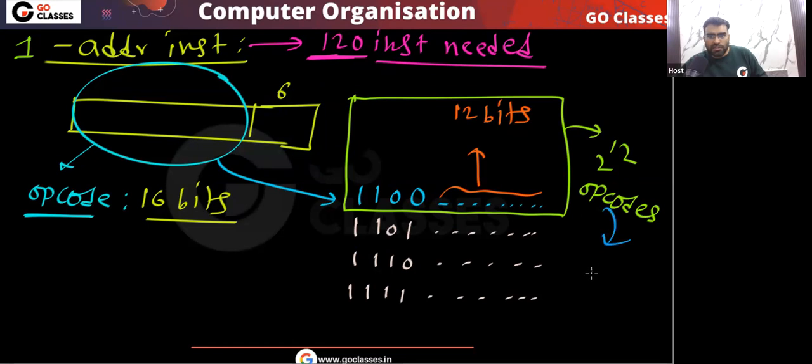But out of these, I can use 120 for 1 address instructions.